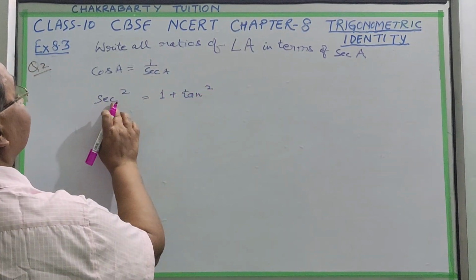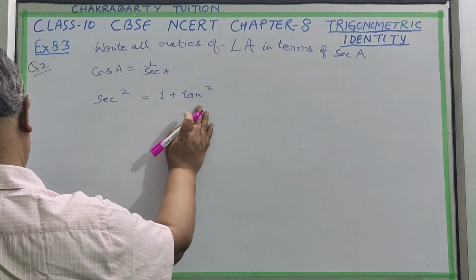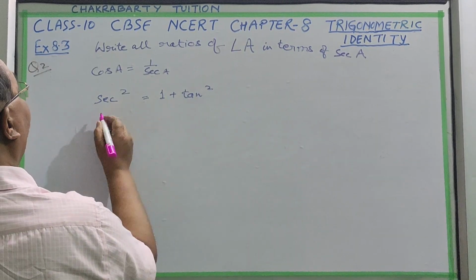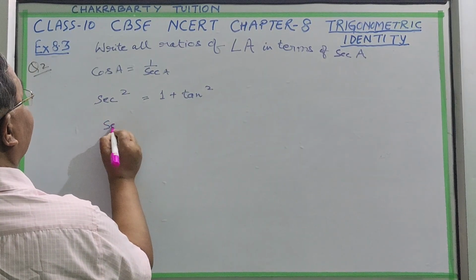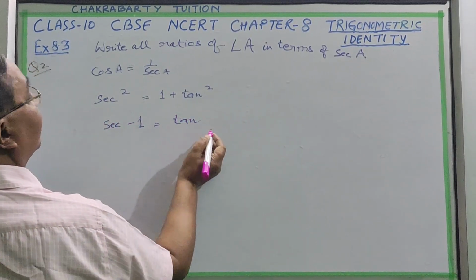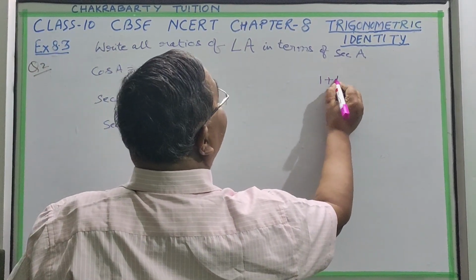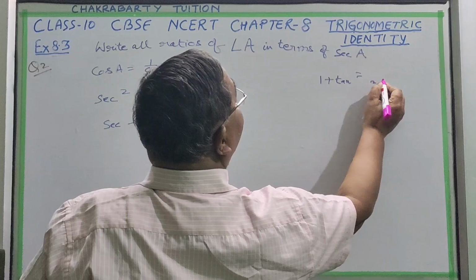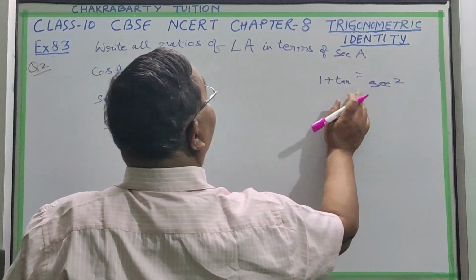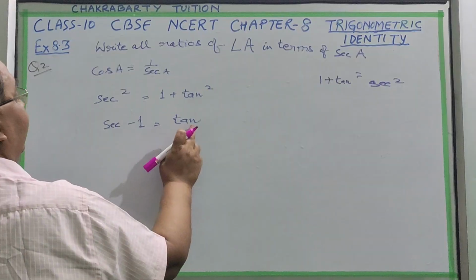Okay, the identity is sec square equals 1 plus tan square, we can use, or sec square minus 1 is equal to tan square, because the identity is 1 plus tan square is equal to sec square. This is our identity. This we are using.